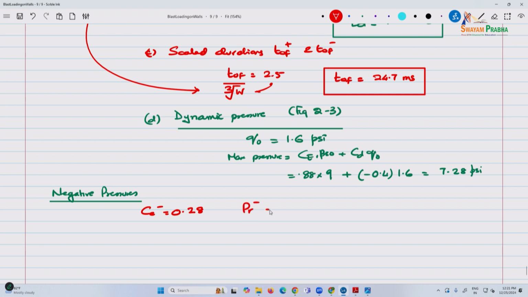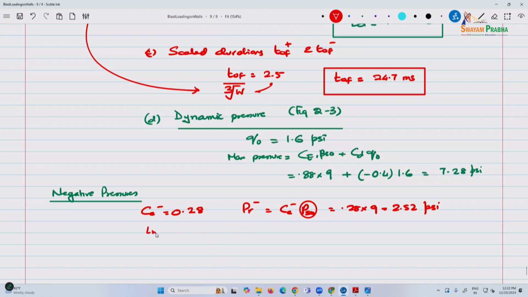So PR minus is CE minus multiplied by PSO, which is 0.28 multiplied by 9, the maximum here, which is 2.52 psi. We use PSO because it's a sidewall.